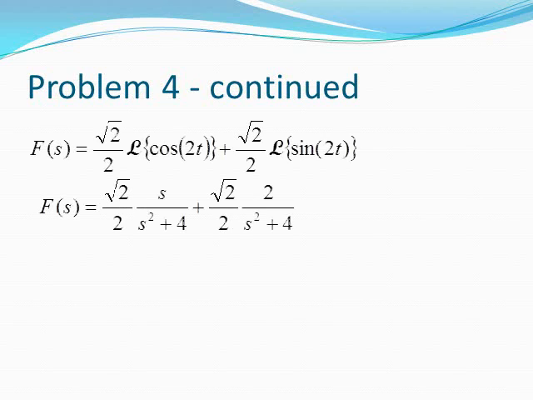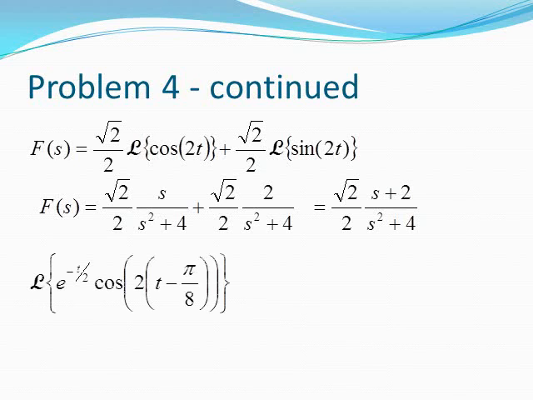If we do that, I get this Laplace transform. If you notice, I can simplify this a little bit. It's the same denominator, so what we can do is add them together. So this would be our f of s that we need to translate on the s-axis.